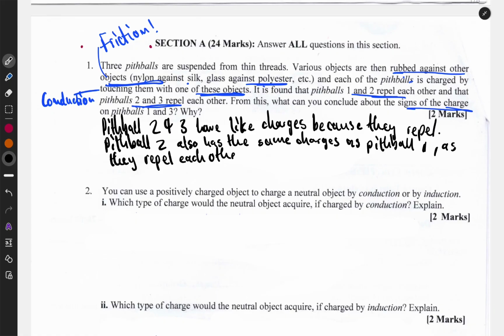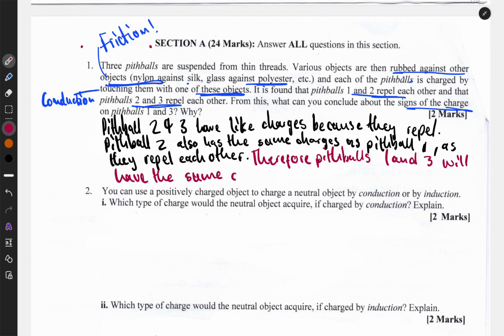So you can now say therefore pith balls 1 and 3 will have the same charge, okay? The same charge as they both repel pith ball 2.